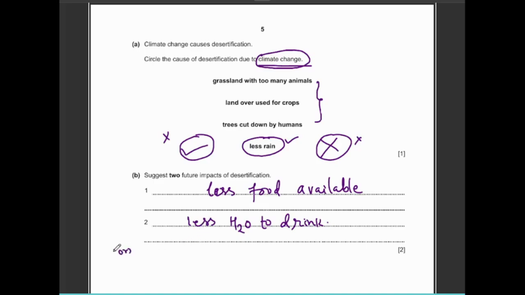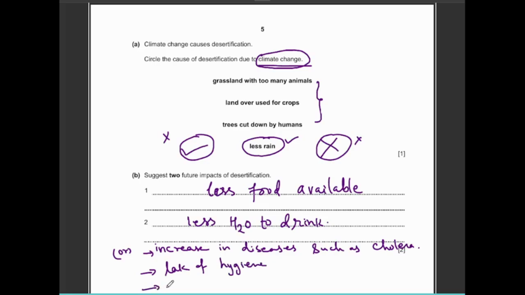So I'll write a few more answers here. Increase in diseases such as cholera. You can write this part. It's optional here. You can write lack of hygiene.